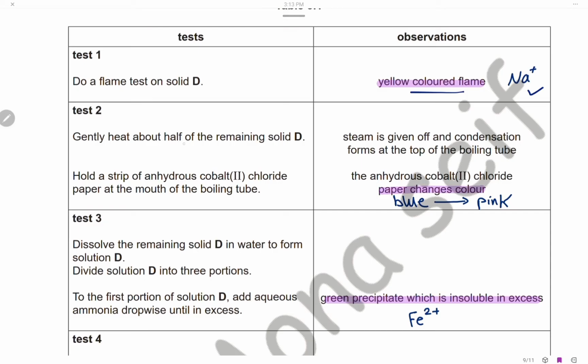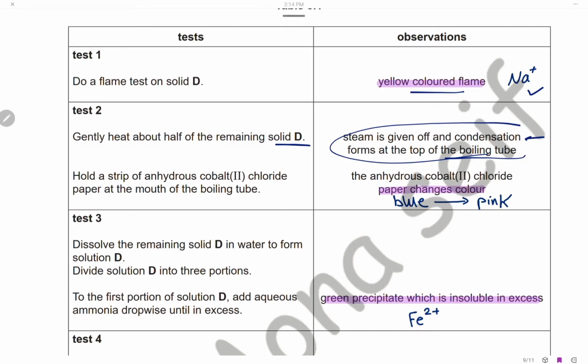Gently heat about half the remaining solid D, then hold the strip of anhydrous cobalt chloride paper at the mouth of the boiling tube. By heating the remaining solid D, steam is given off and condensation forms on the mouth of the boiling tube. That means solid D is hydrated, and by heating solid D, steam is given off, which again condenses on the top of the test tube.